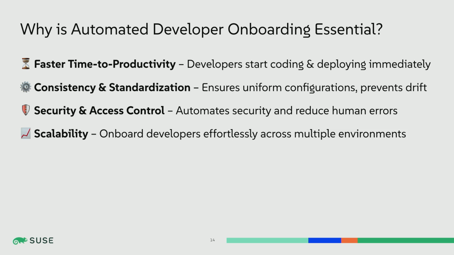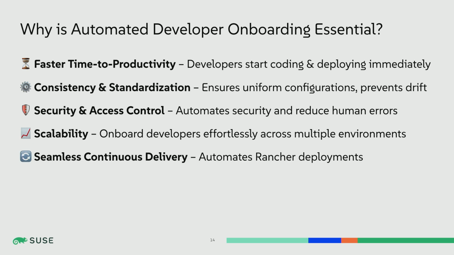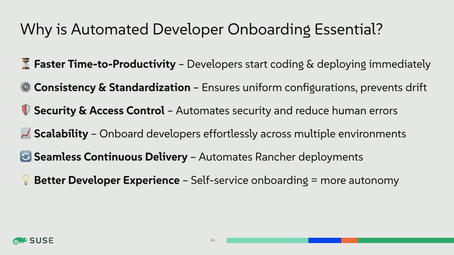Plus, when you scale to more developers or environments, automation makes onboarding effortless. This also paves the way for seamless continuous delivery using Rancher Fleet. And most importantly, it boosts the developer experience, offering self-service onboarding and letting developers focus on innovation instead of setup.